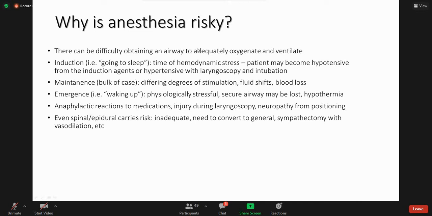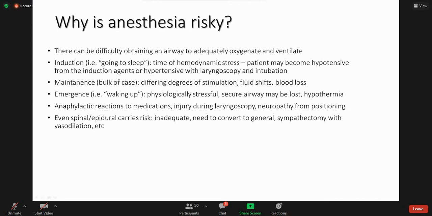So why is it necessary to make a proper plan for a patient? The main reason is to avoid any kind of airway abnormalities, any kind of event that includes deoxygenation of the patient.